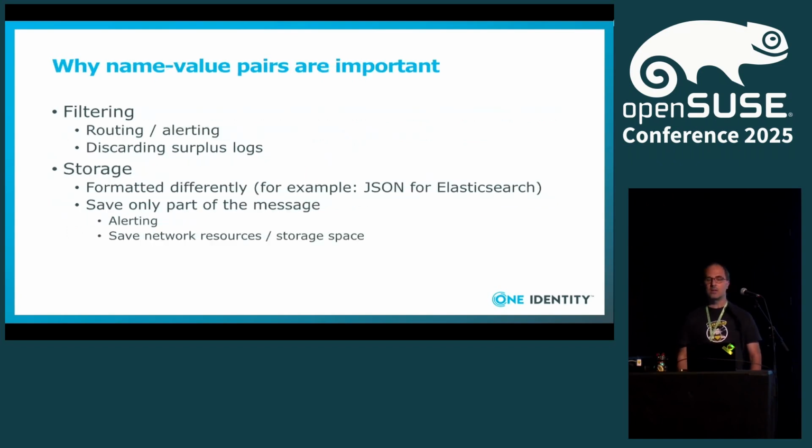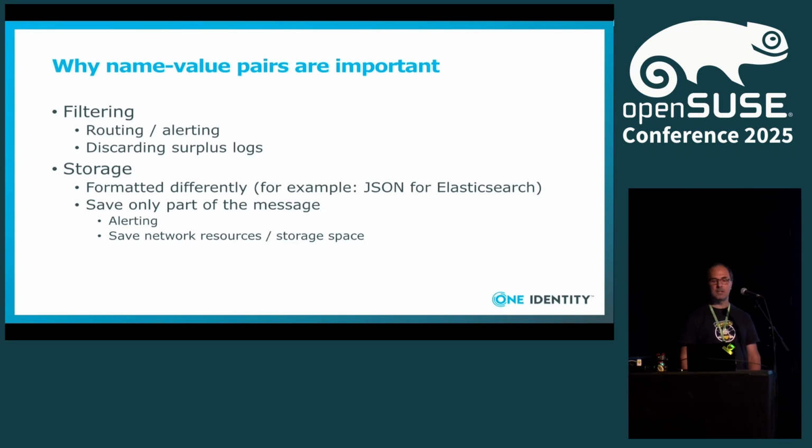So why are name value pairs so important? If you have just a huge long string, then you cannot really use that in any way, just to store it or forward it somewhere. But if you have important parts parsed from it, then those small pieces of information can be used in multiple ways.